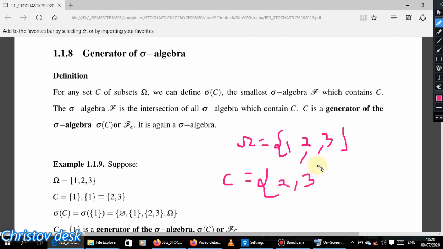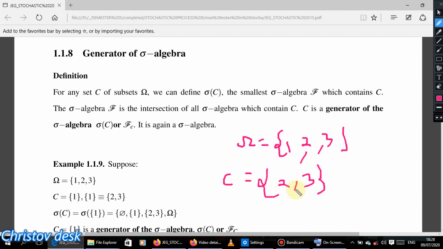Let's take that. We can define a sigma algebra which is generated by this subset.